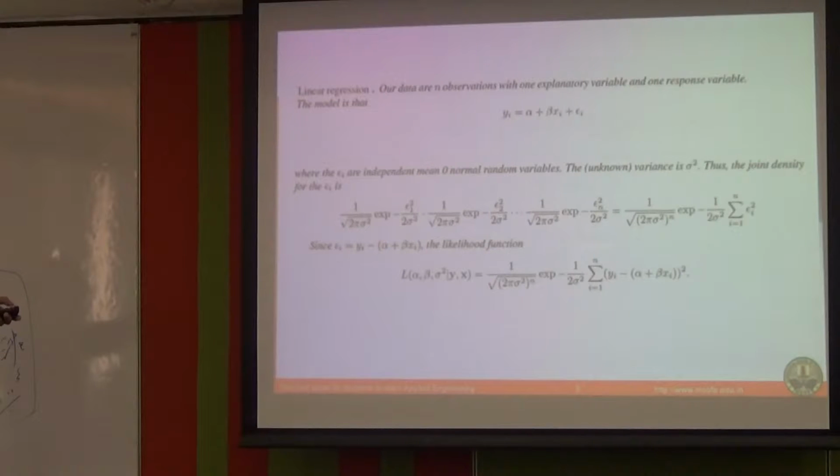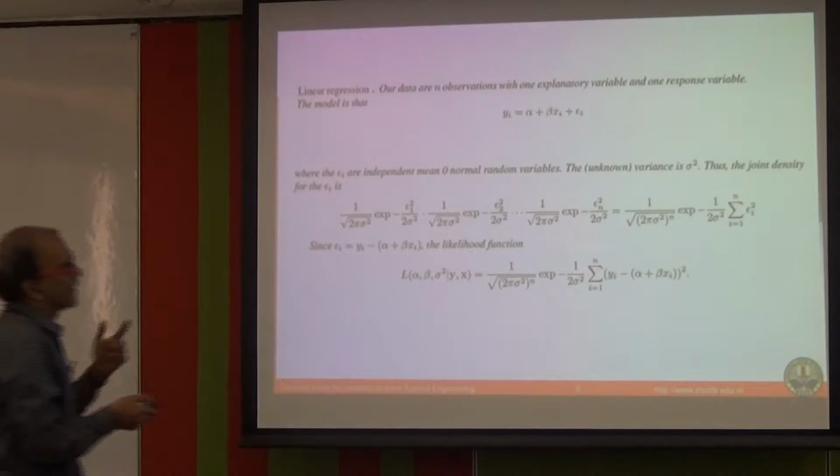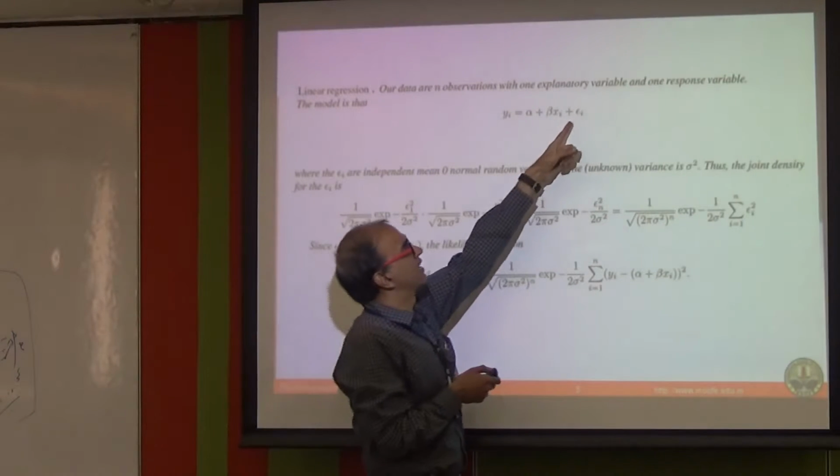So as long as alpha and beta are linear, as long as sigma square is constant, you can see least square estimator coming in.